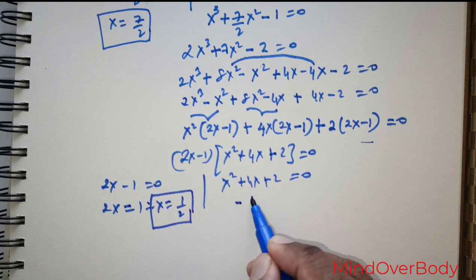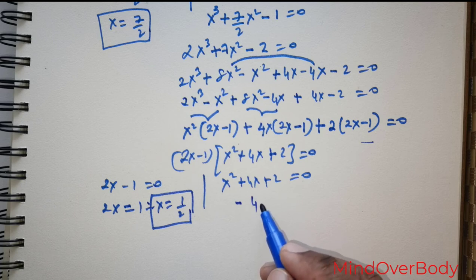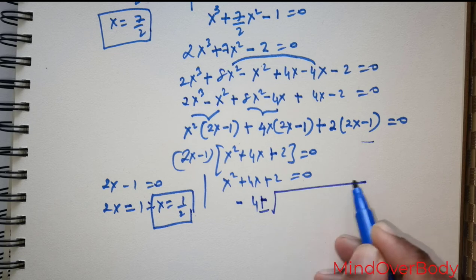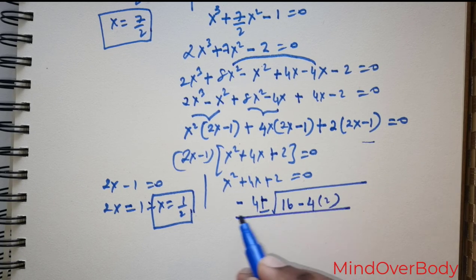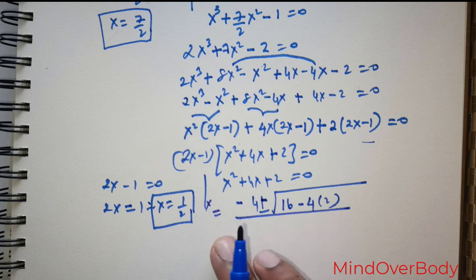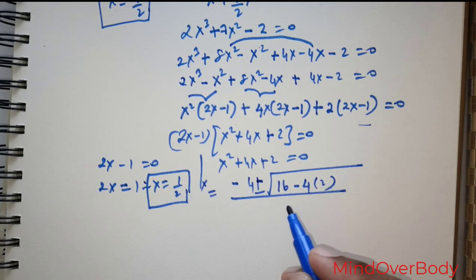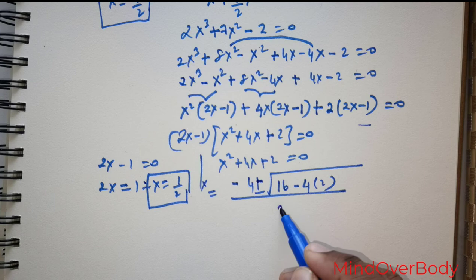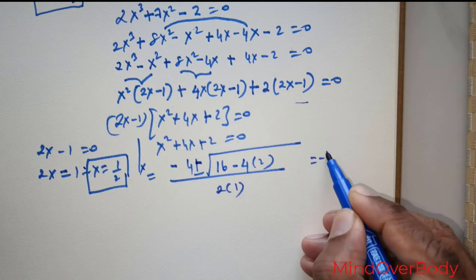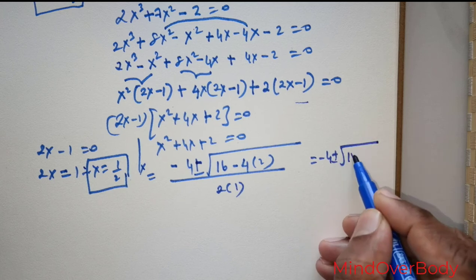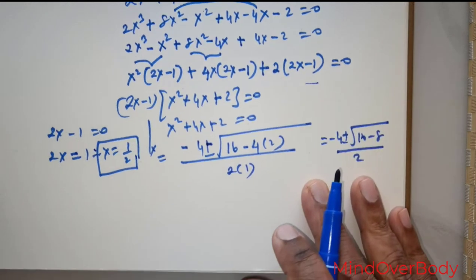Over here I'm using the quadratic equation formula. So x is equal to negative b plus or minus root of b squared minus 4 times a c, divided by 2 times a, where a is 1. Now this would give me negative 4 plus or minus root of 16 minus 8, divided by 2.